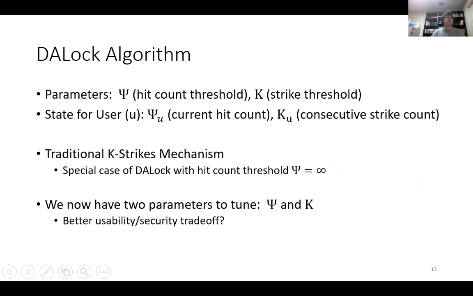So observe that the traditional k-strikes mechanism is simply a special case of DALock with hit count threshold set to infinity. DALock gives us 2 parameters instead of 1 to tune, the hit count and the strike count. The key question is, can we obtain better usability and security trade-offs by tuning both parameters?